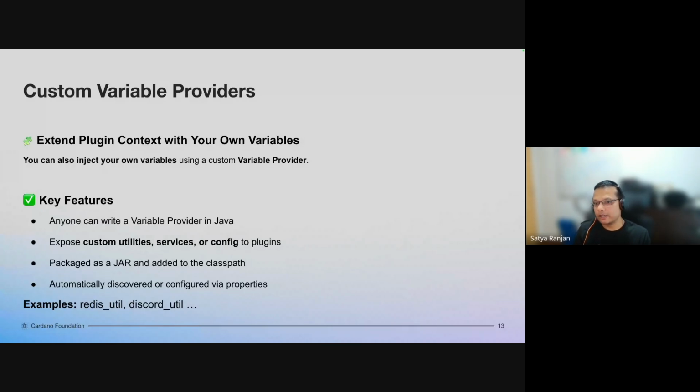It's a utility class in a Java project, which is then bundled, and we can copy it to our Yaci Store external jar folder, and then any plugin developer can use that particular variable. So it basically extends the current Yaci Store capability without changing anything in the core. Some examples: let's say someone wants to provide a variable provider for Redis, you can write it. Or someone wants to provide a custom variable provider for a Discord util, and so on.